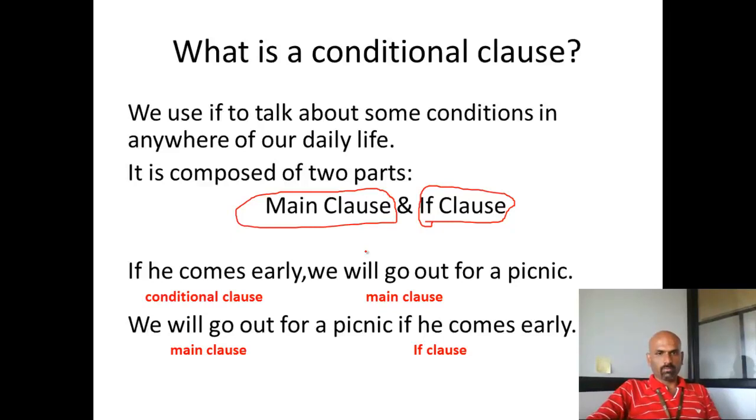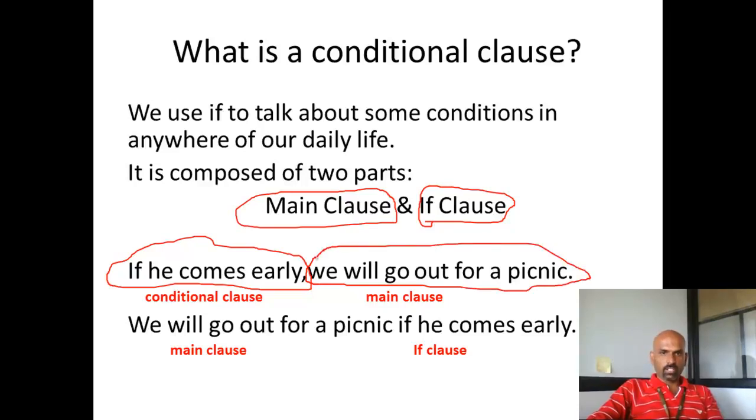Look at the below example. If he comes early, we will go out for a picnic. This portion is called the conditional clause, that is the if condition, and this portion is called the main clause. Actually, both are clauses. Clause means a full sentence. He comes early, that gives you the full meaning.